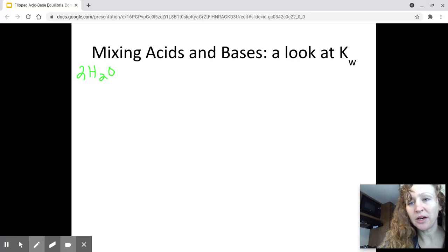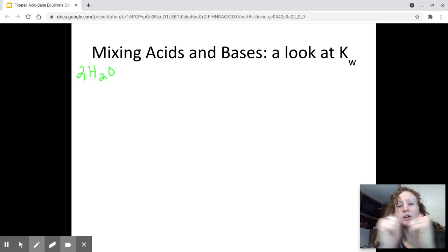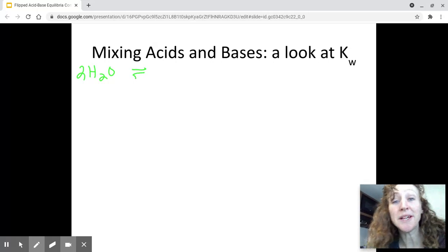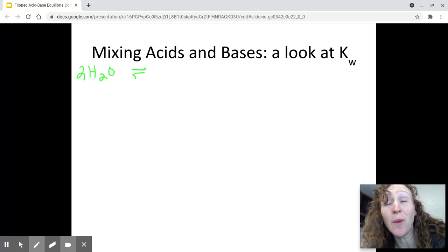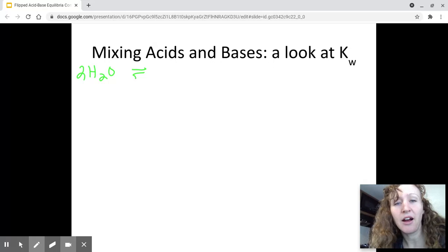Okay, so remember, Kw is describing this autoionization reaction of water, where two water molecules collide, and once in a great while, one of the waters can knock off a hydrogen from the other water and claim it.